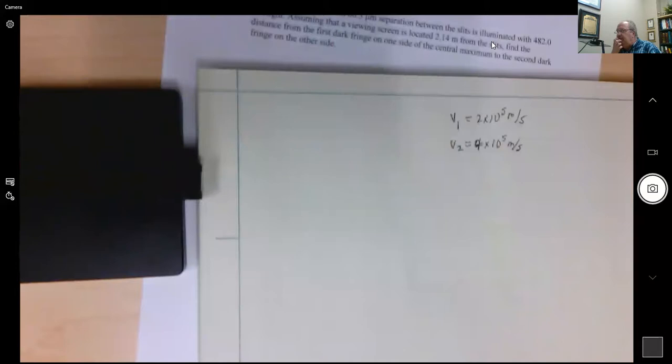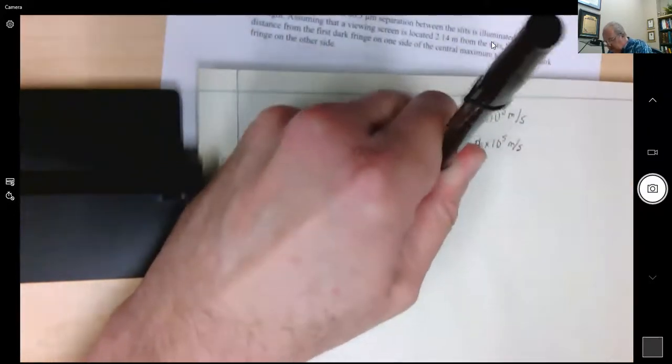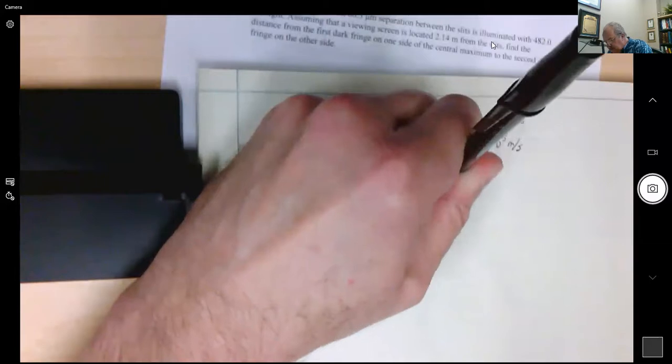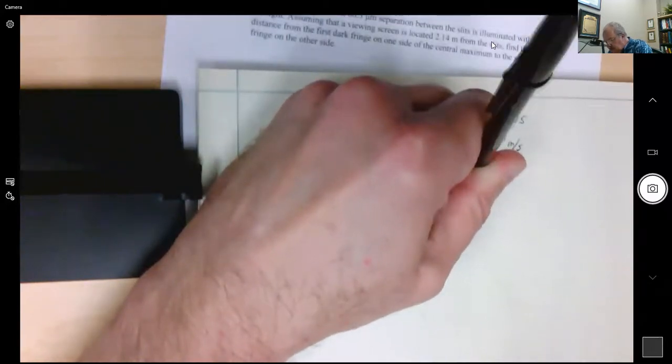Okay. So the difference in kinetic energy has got to be the difference in the potential energy, because delta potential energy plus delta kinetic energy equals 0.